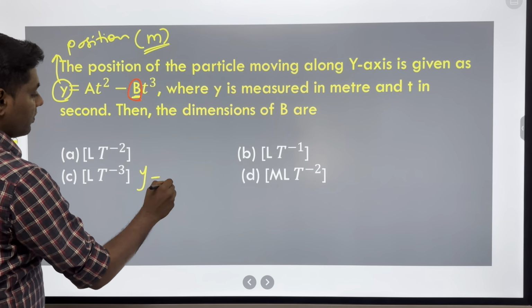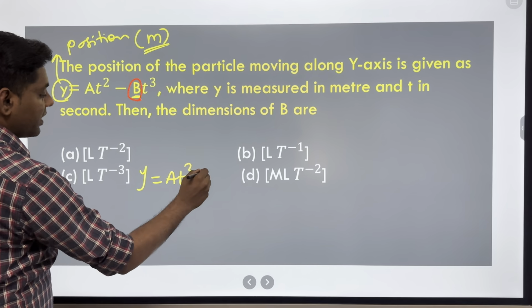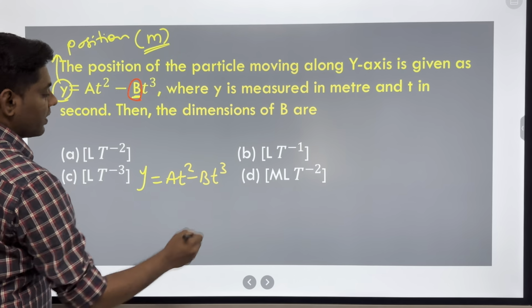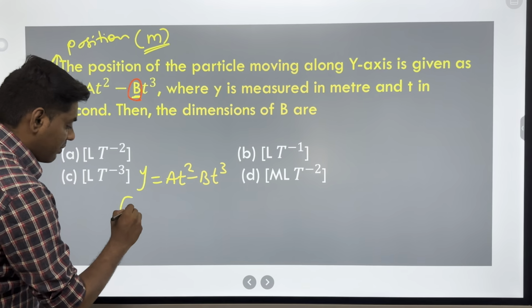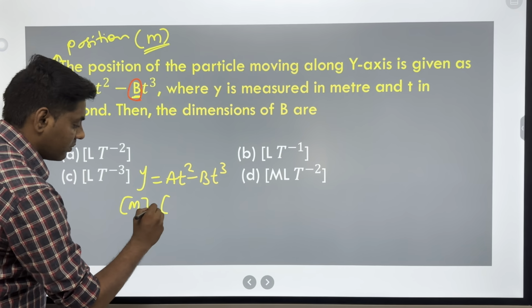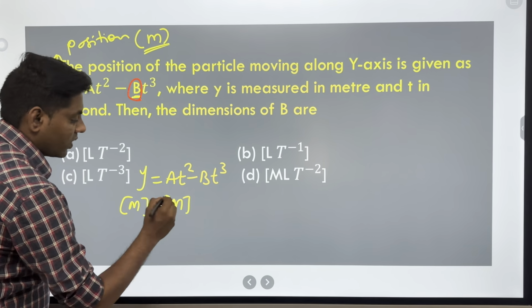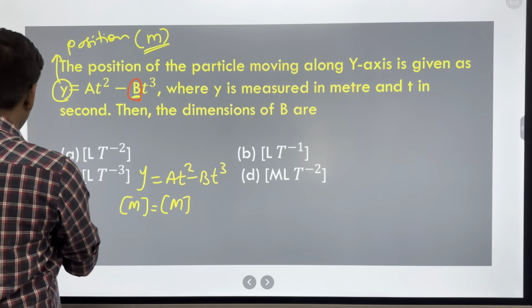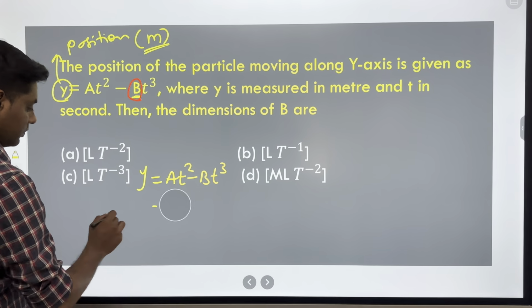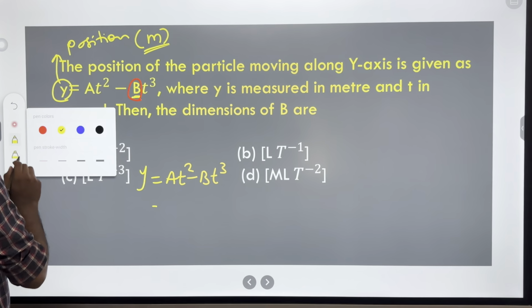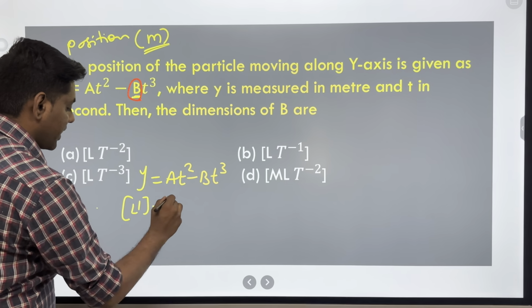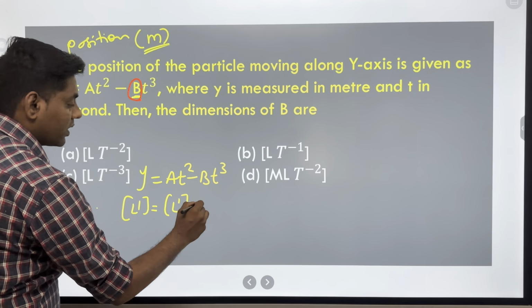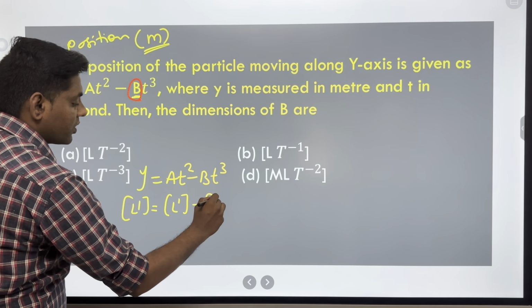What is given? y equals a t square minus b into t cube. As we know, according to dimensional analysis, y has dimension L1, the second term has dimension also L1, and the third term has dimension also L1.